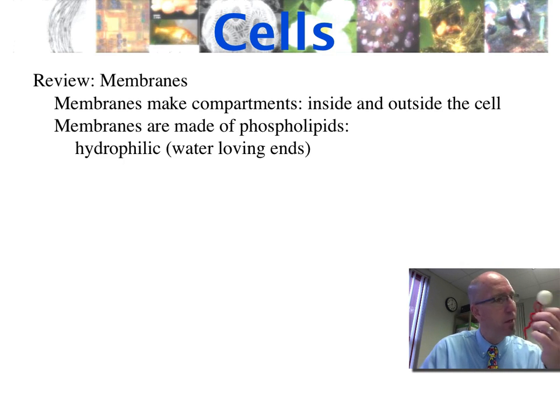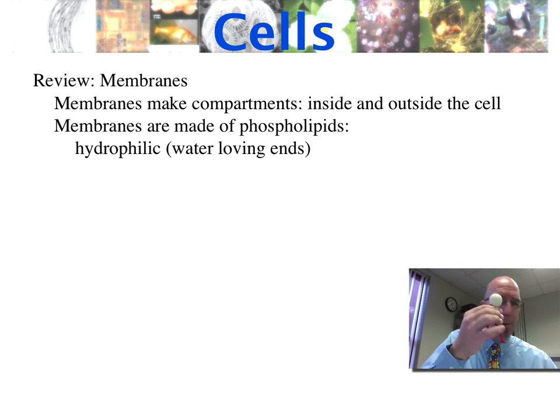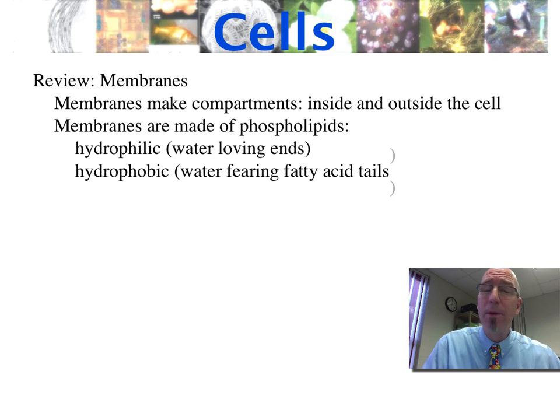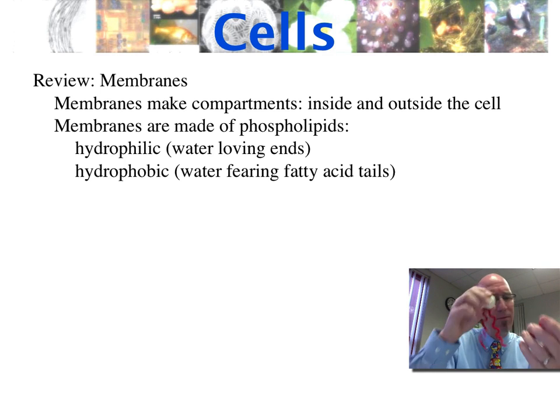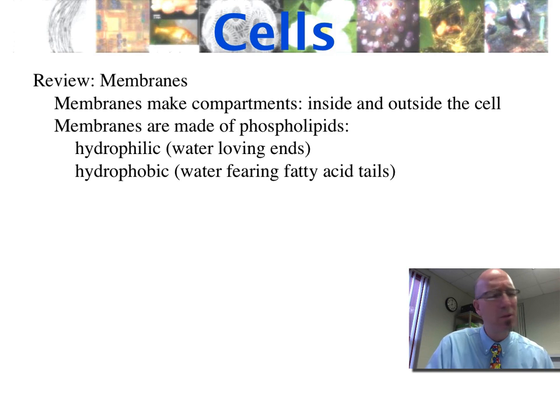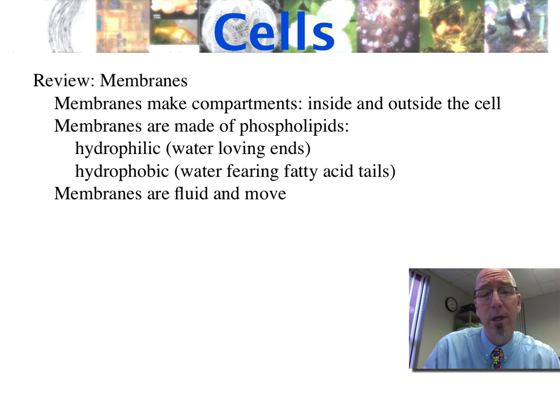That's the phosphate group, the ping pong ball, which likes water. The hydrophobic end, the fatty acid tails, they repel water. They don't like water. If water is going to go through a membrane, it's going to use special structures called aquaporins. We'll get to that in a different screencast.